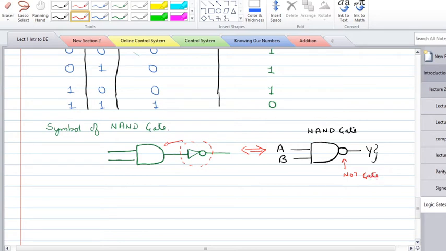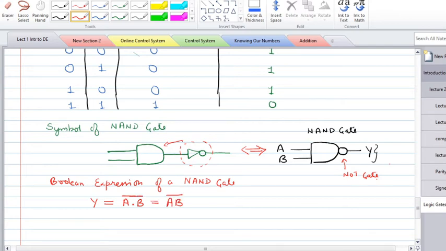Okay, so if we look at the Boolean expression of a NAND gate, then it will be Y is equal to A dot B, and this has to be inverted, so we have to apply a bar here. So you can also use this representation.